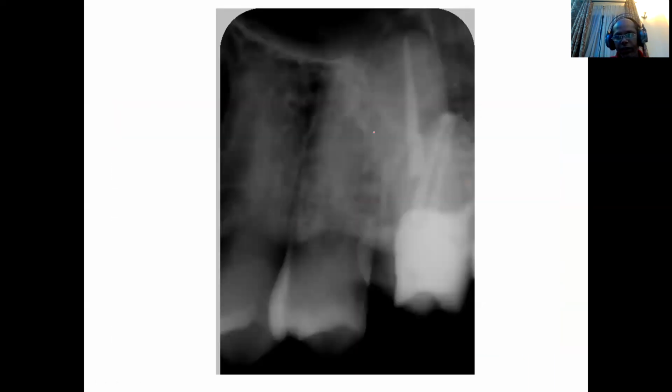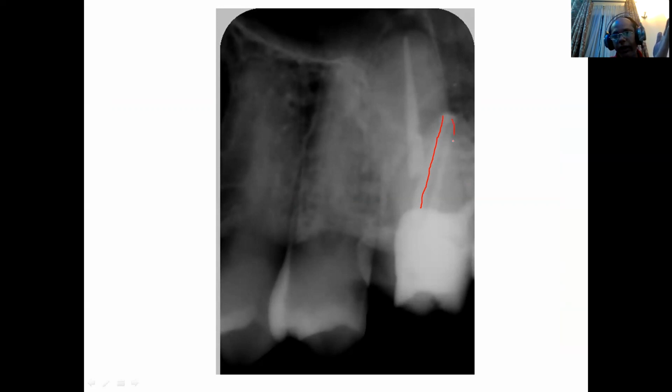And here you can see the same tooth. Now this is the mesiobuccal root again, and you can see both canals are filled properly. This is the main mesiobuccal canal, and this is the MB2 canal.